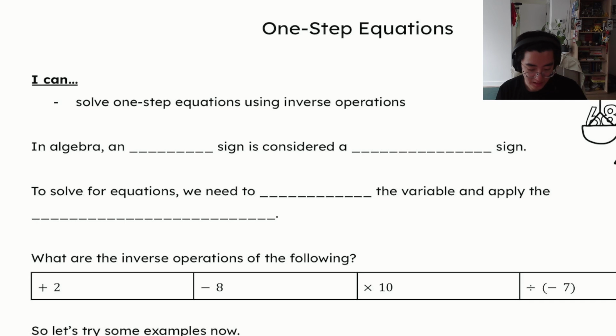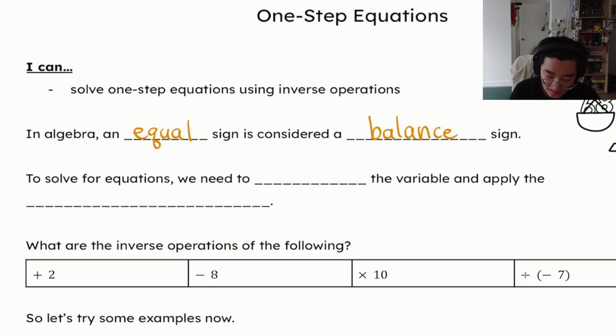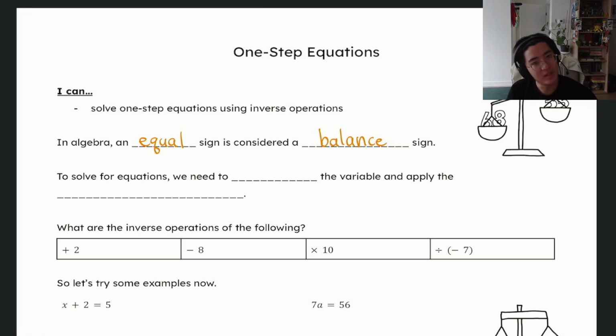So, the most important thing to remember is that an equal sign in algebra is pretty much the same thing as a balance. So think of it as balancing a scale. Both sides of the equal sign have to be the same. So in order to do that, we've done a few of those problems already, where I talked about, if this plus this equals this, then what is this question mark?